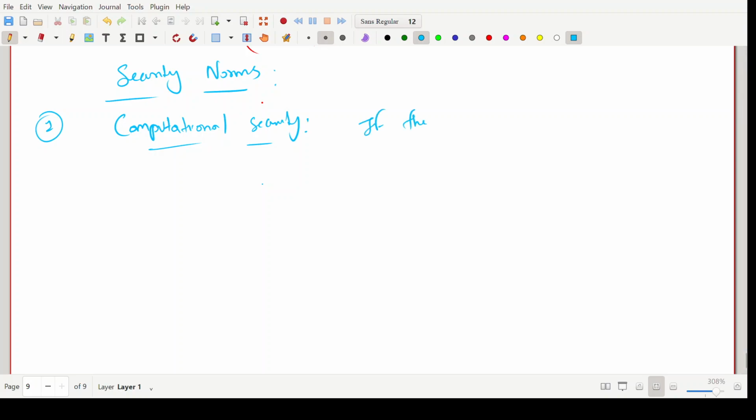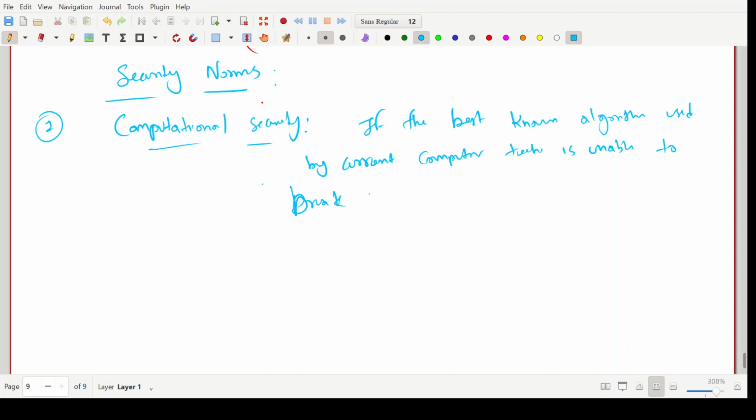If the best known algorithm used by current computer technology is unable to break the crypto system within a permissible time period.